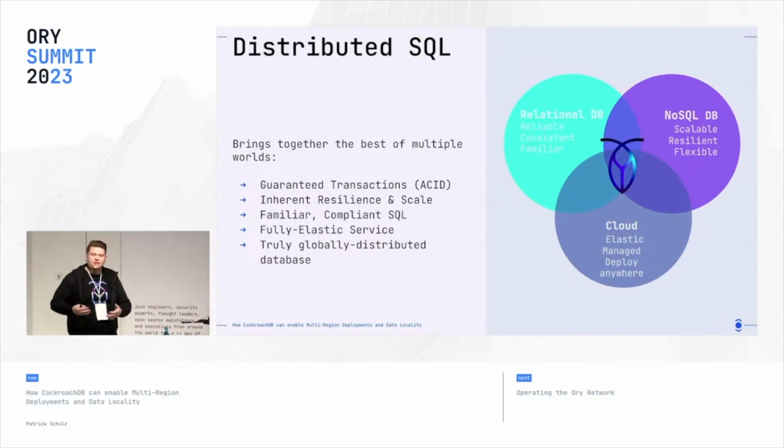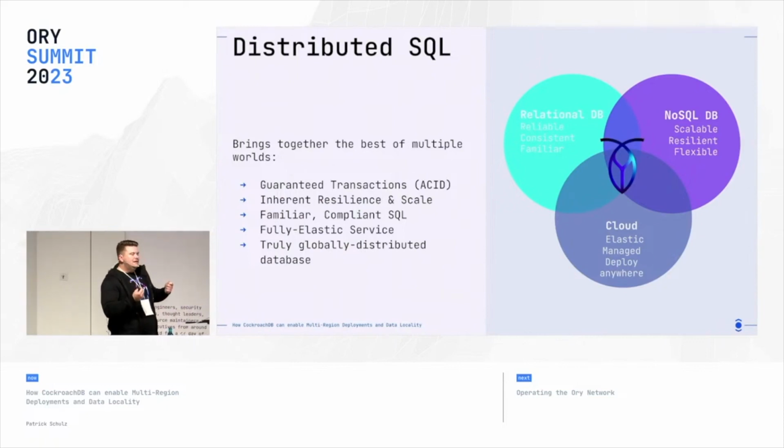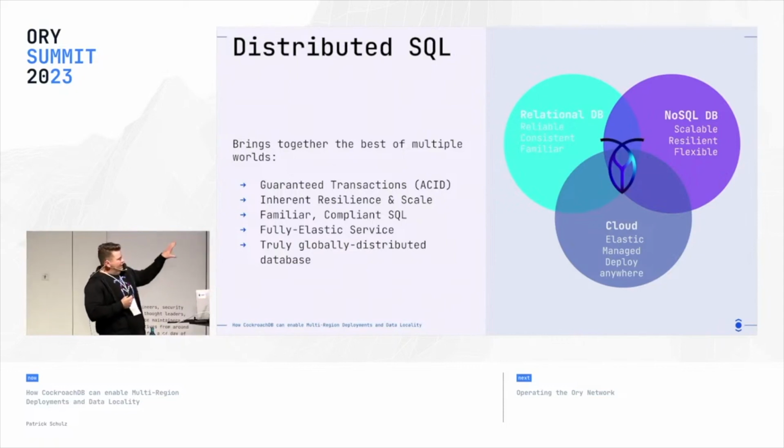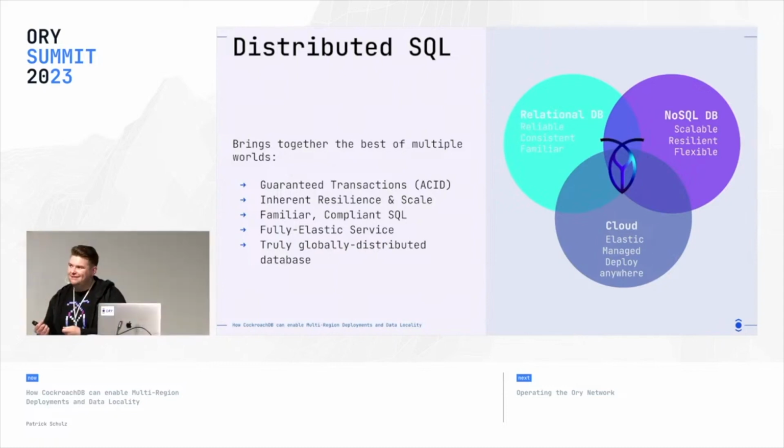So it's a NoSQL, it's a document often, and we basically bring together the best of both worlds. So we give you still the relational nature of a database. You would interact through a SQL interface with CockroachDB. You still get the reliability, the consistency, but all of a sudden you also get the scalability and the resiliency of a NoSQL database.